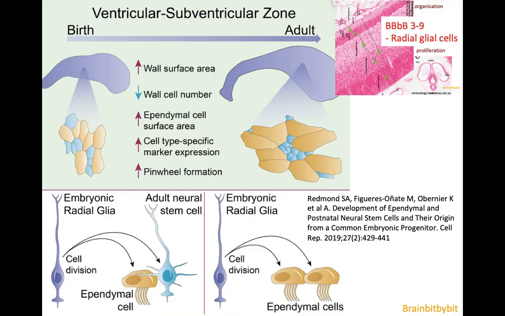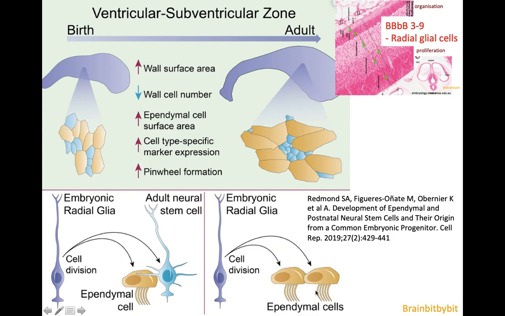The ependymal cells are derived from radial glial cells. I talked a lot about radial glial cells in the first videos on this channel. So some of the radial glial cells become neural stem cells and many of them divide and become ependymal cells.